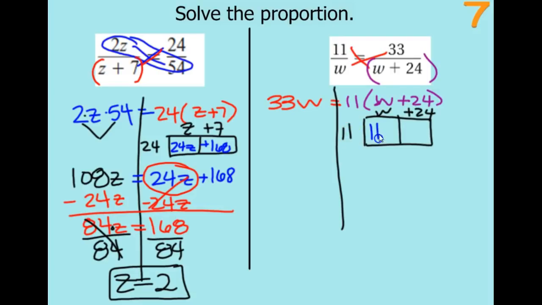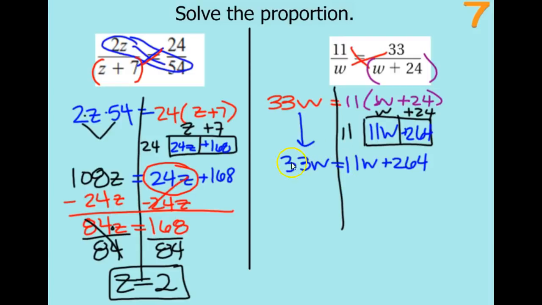Well, 11 times w is just 11w. I'm going to plug into my calculator 11 times 24, and I get 264. So I have 11w plus 264. And over here I just have 33w, nothing changed.